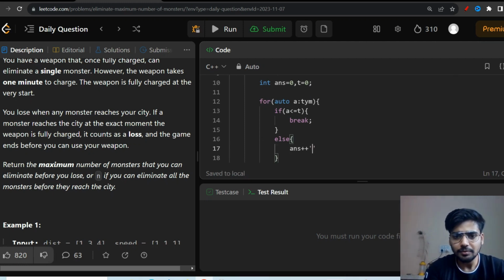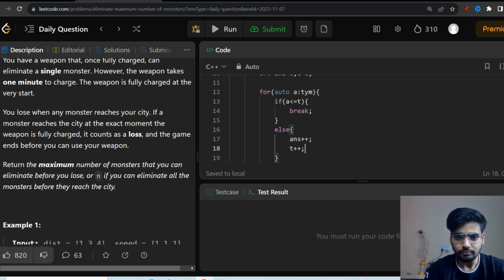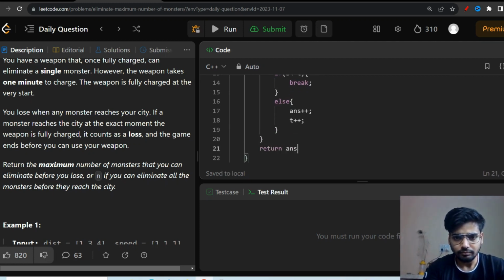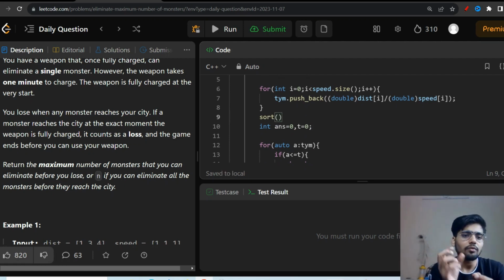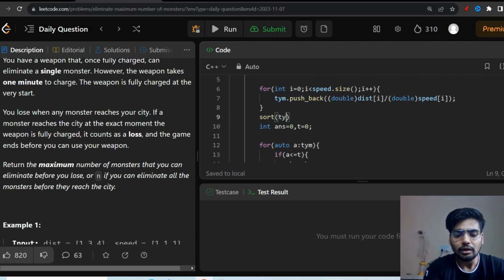Answer plus plus. But before doing all such things, we just have to sort, because the monster with less time taken must be at the start. So that's why we are doing a sort here.